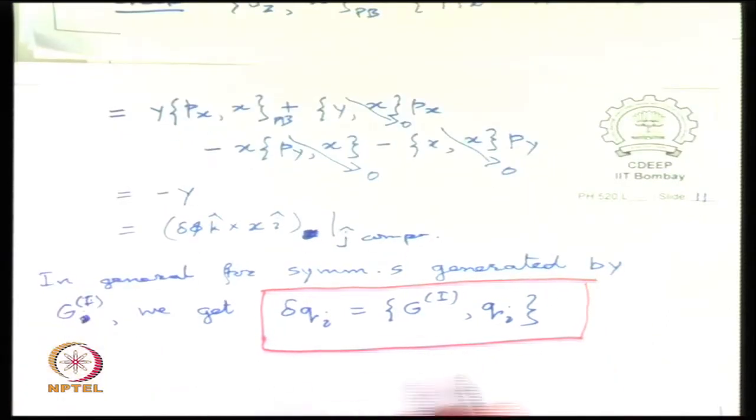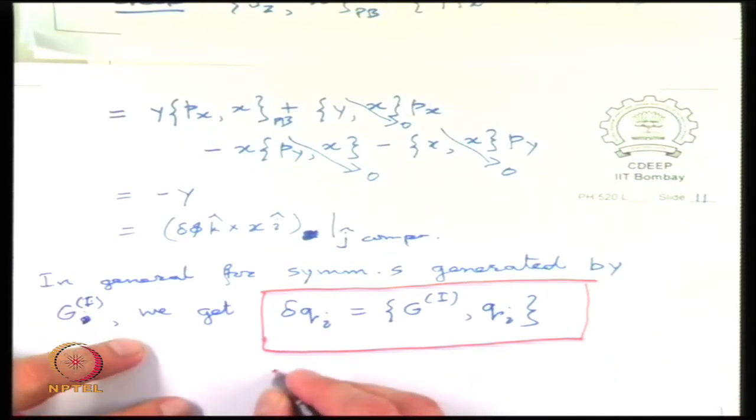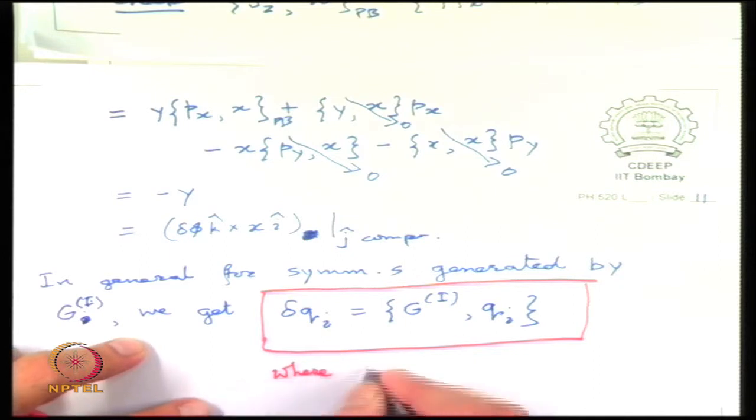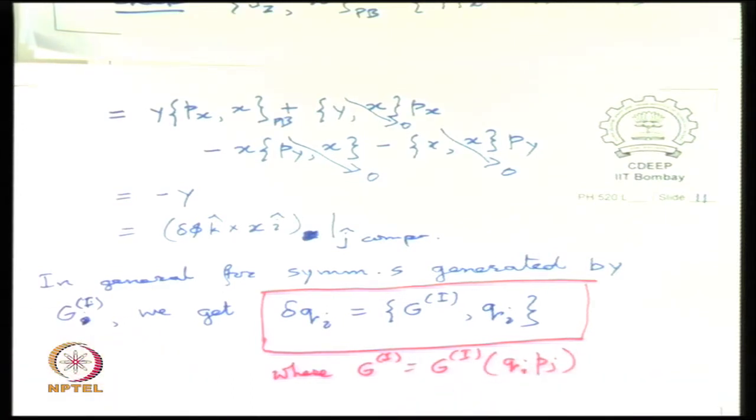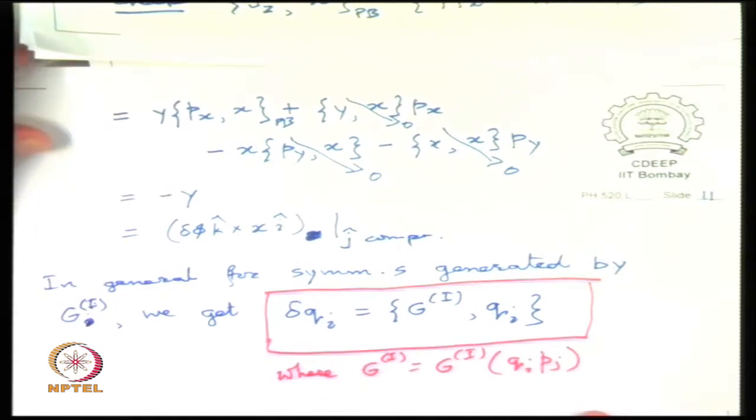where G itself is constructed out of the canonical variables. So any symmetry operation is implemented like this, and the G's all commute with the Hamiltonian.